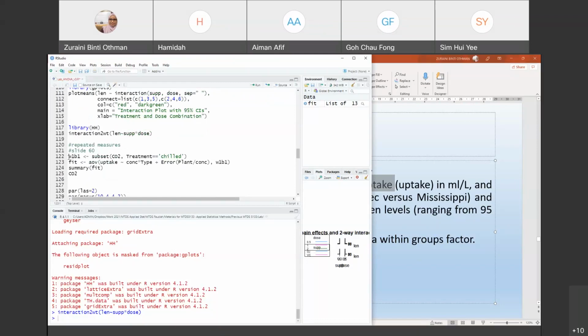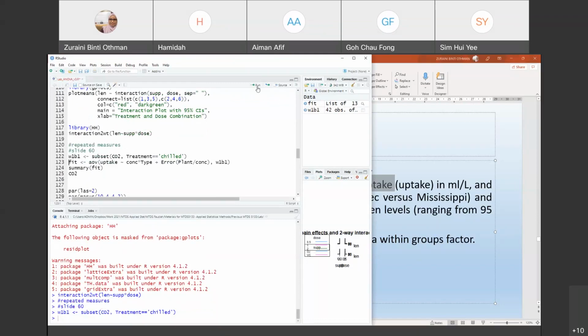This is what we defined as W1B1: carbon dioxide, treatment, chill. Then here we have this carbon dioxide, and here we do the analysis of variance.